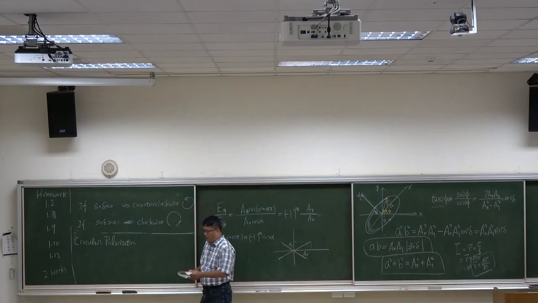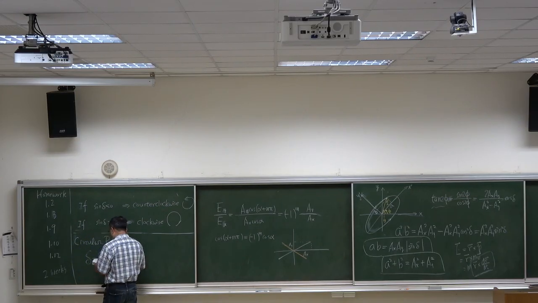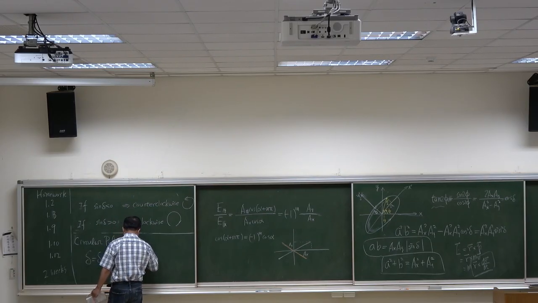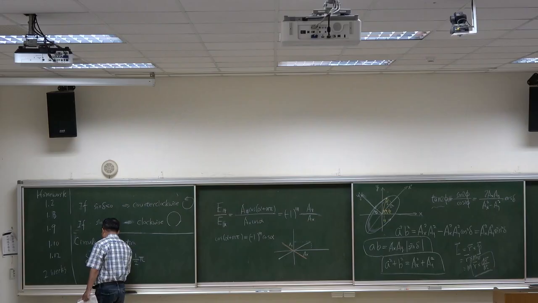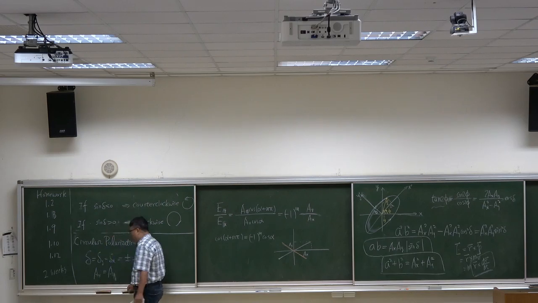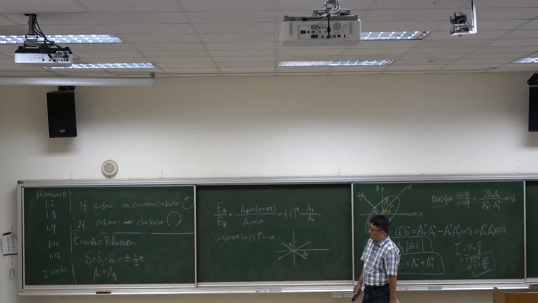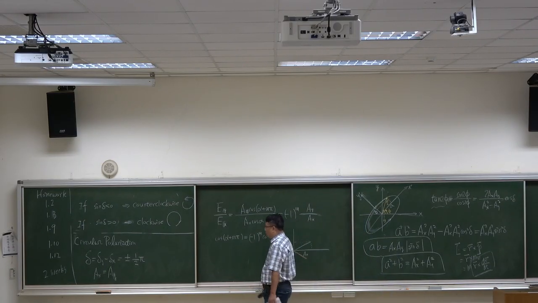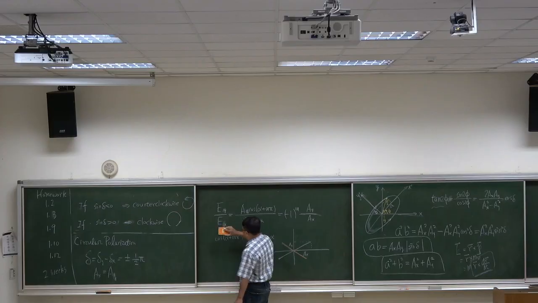For circular polarization, we mean that delta y minus delta x is equal to plus or minus half pi, and AX equal to AY. So if we consider the special case that AX equal to AY and the difference between these two delta terms is equal to positive or negative half pi, then we have this one.